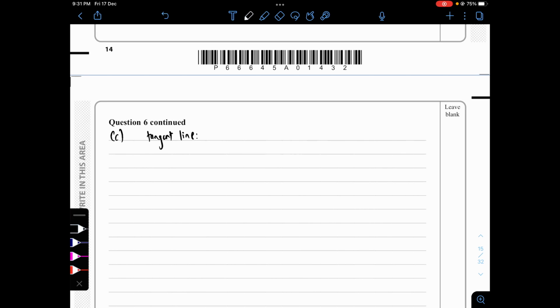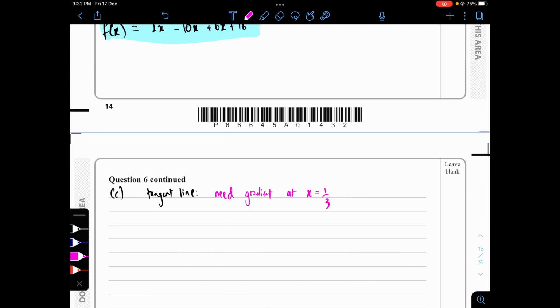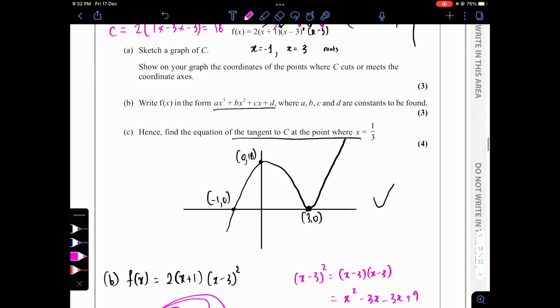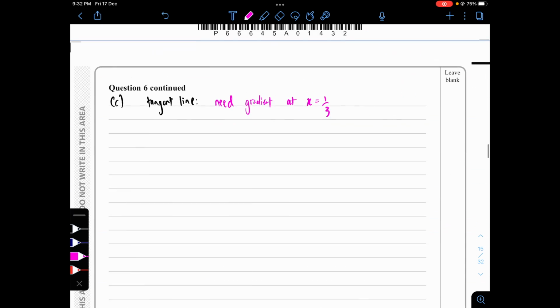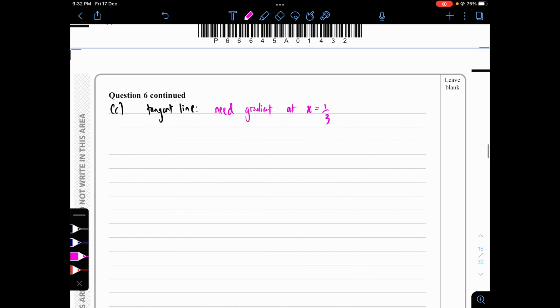We need the gradient at x equals 1 over 3. Why 1 over 3? Because over here they say they want the tangent line to C at the point where x equals a third.